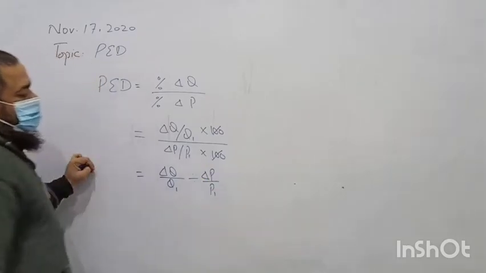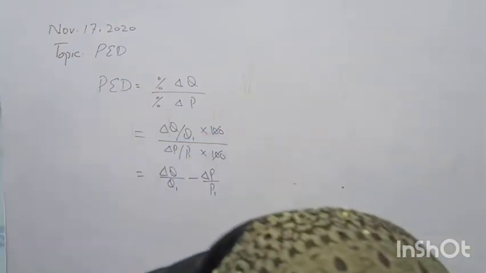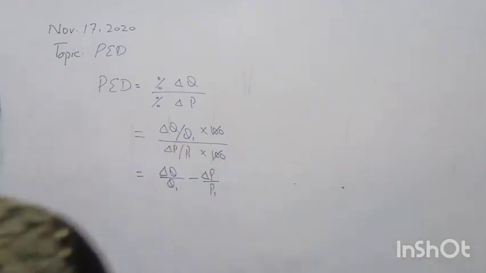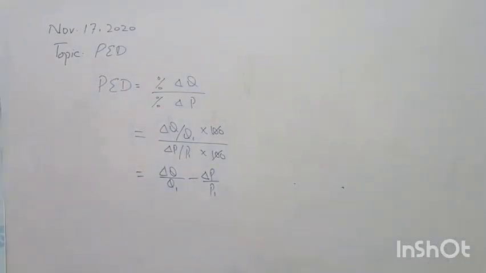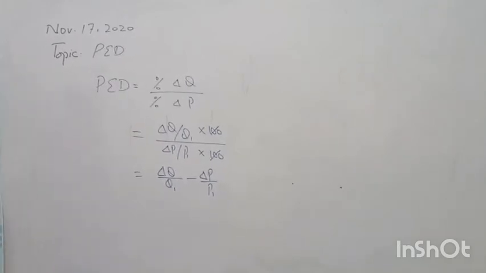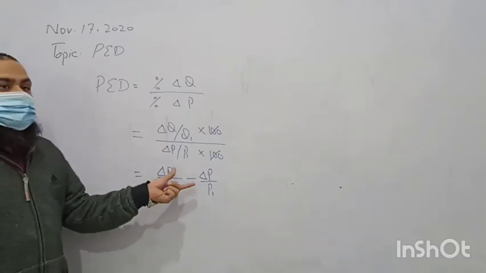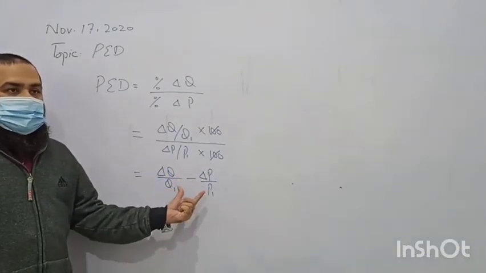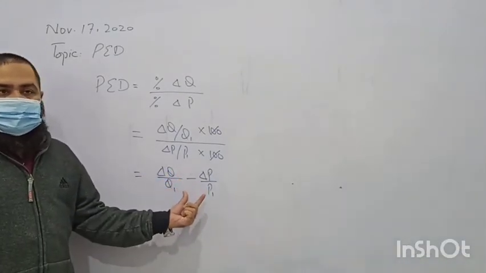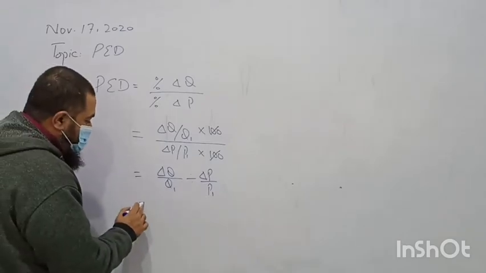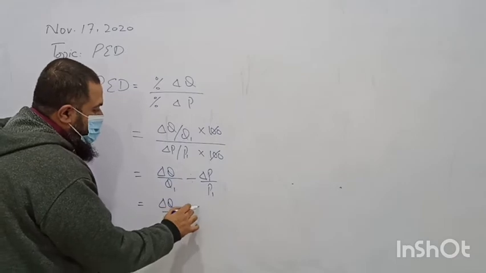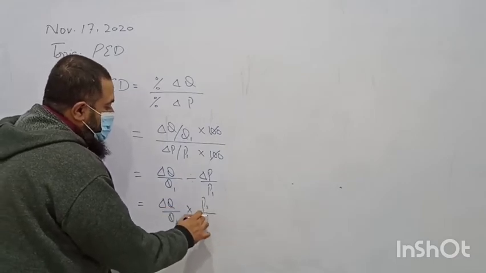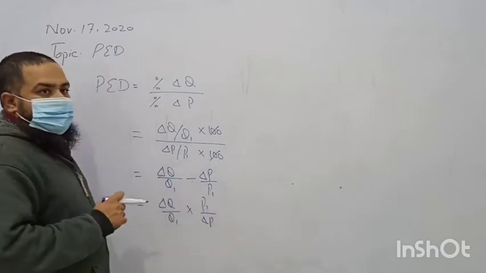Okay, this is the only case. Now what is happening? We are going to invert this in order to remove the division sign. So we get change in quantity over original quantity multiplied by P1 over change in price.